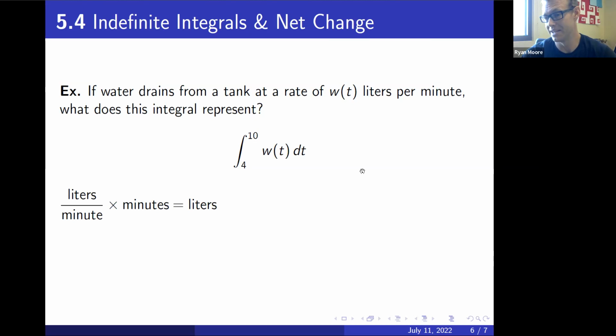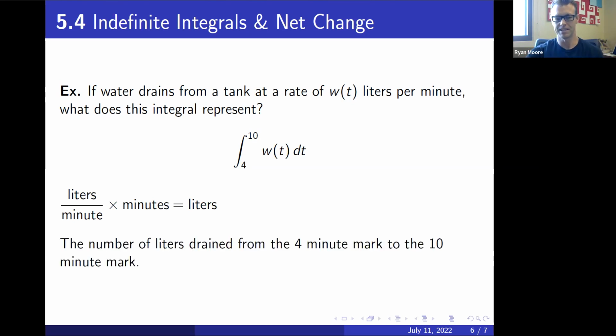The 10 is 10 minutes. So what does that represent? It's the number of liters that have drained out starting 4 minutes after time 0, which was probably when it started draining to begin with, all the way up to the 10-minute mark. Maybe you could say it like this: the number of liters drained from the 4-minute mark to the 10-minute mark.